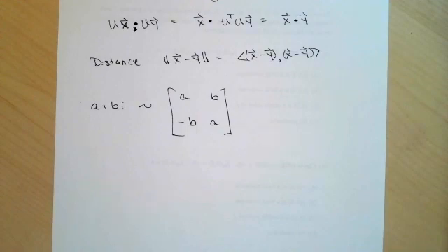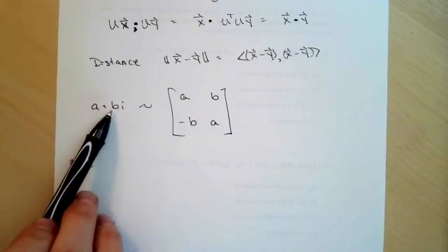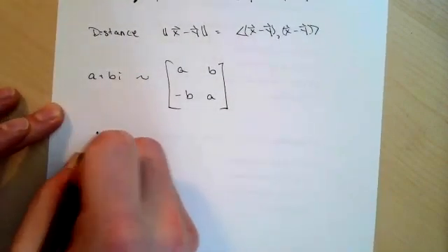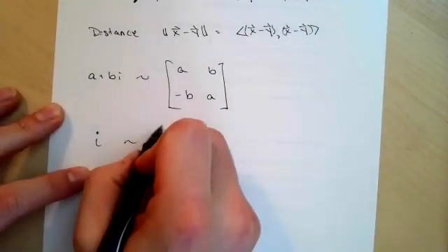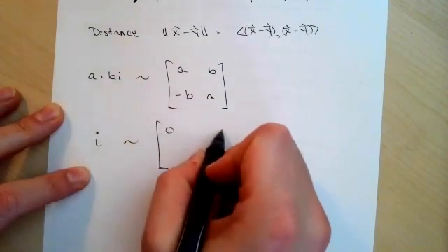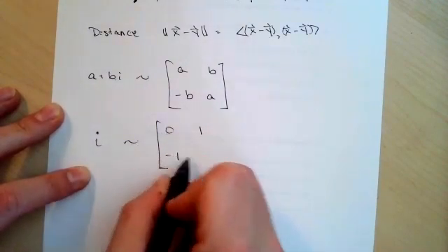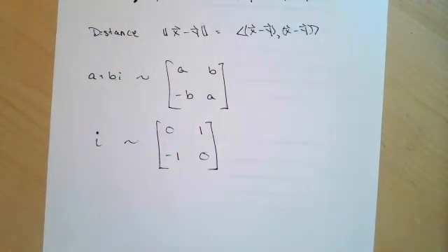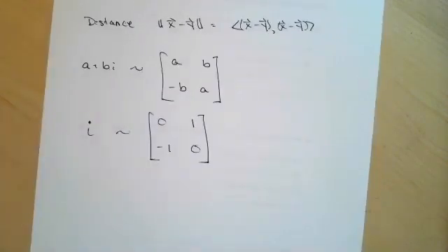Likewise, this is our a plus bi. Then that means i corresponds to what matrix? To that matrix there. Where have you seen this matrix before?